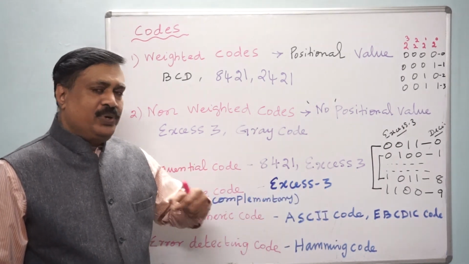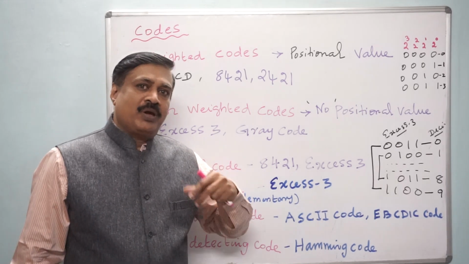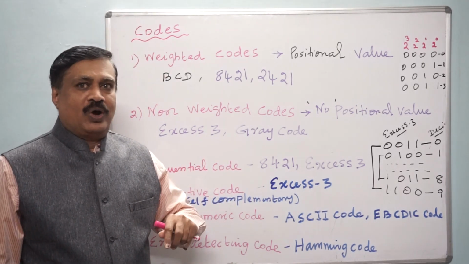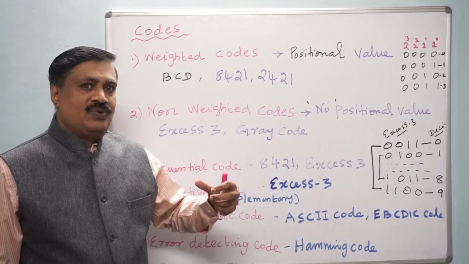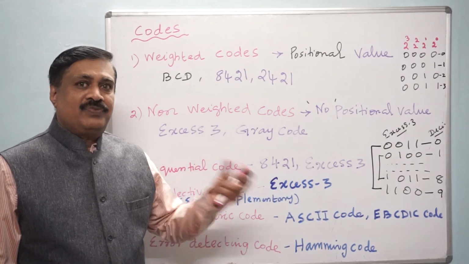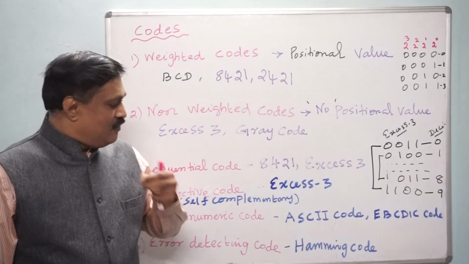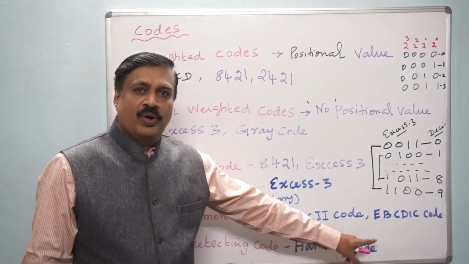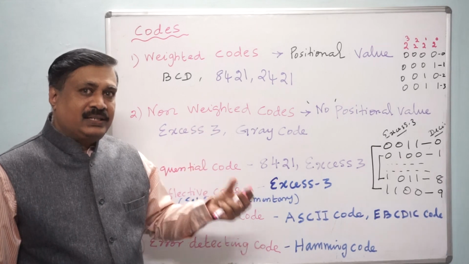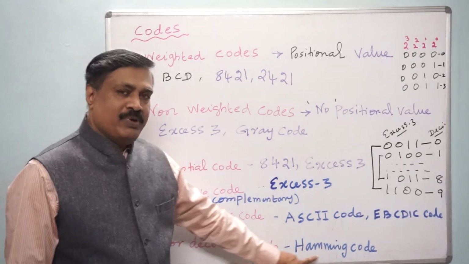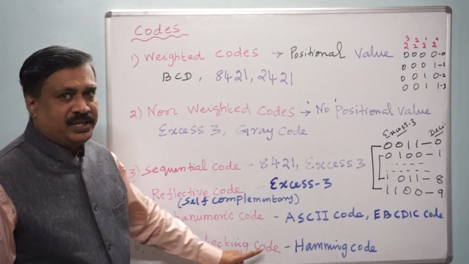But sometimes, due to noise or some error, some 1 may change to 0, and 0 may change to 1. Therefore, at the receiving end we may receive some other data instead of what we have sent. To detect the error, we use some code. That code is called Hamming code. And we can correct that error also using this Hamming code. It is the best example for error detecting code.